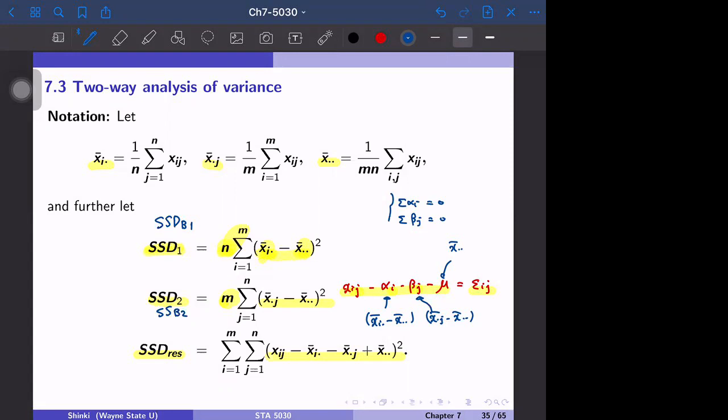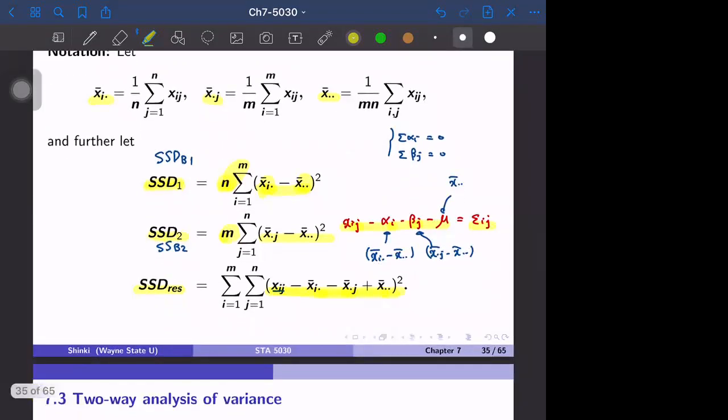And alpha i is the difference between the i-th level mean and the overall mean, so x_i dot bar minus x dot dot bar. And beta j similarly. So if we plug in these estimates for alpha i, beta j, and mu, that becomes x_ij minus x_i dot bar minus x dot j bar plus x dot dot bar.